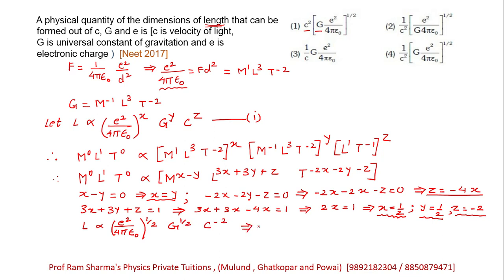If I rearrange the terms, I will get L is proportional to 1 by c², then (e² upon 4πε₀ G) the whole raised to half. The option which corresponds to this is, I guess, option number D. So that should be the answer.